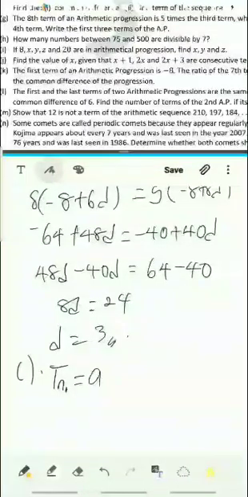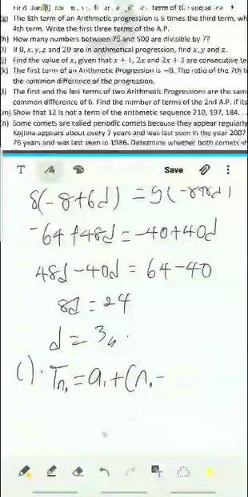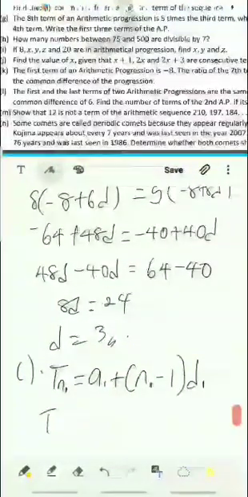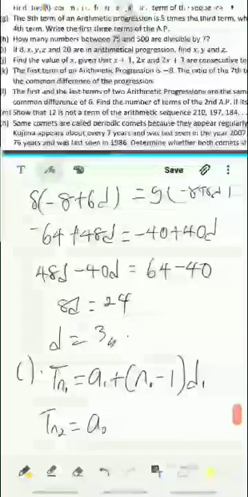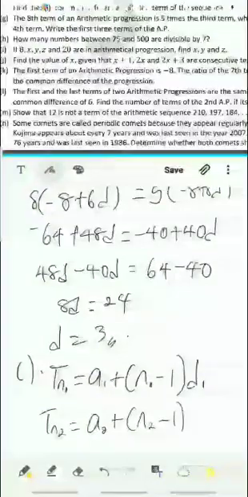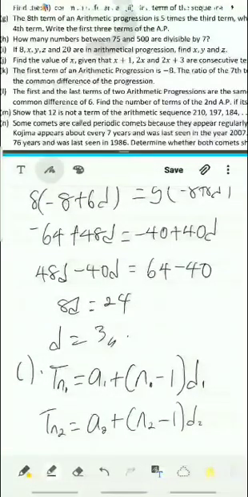The first one equals A1 plus (N1 minus 1)D1. I'm using this subscript to indicate that this is the first AP. Then the second one, Tn2 equals A2 plus (N2 minus 1)D2. So that we will know that there's a difference between the two progressions.